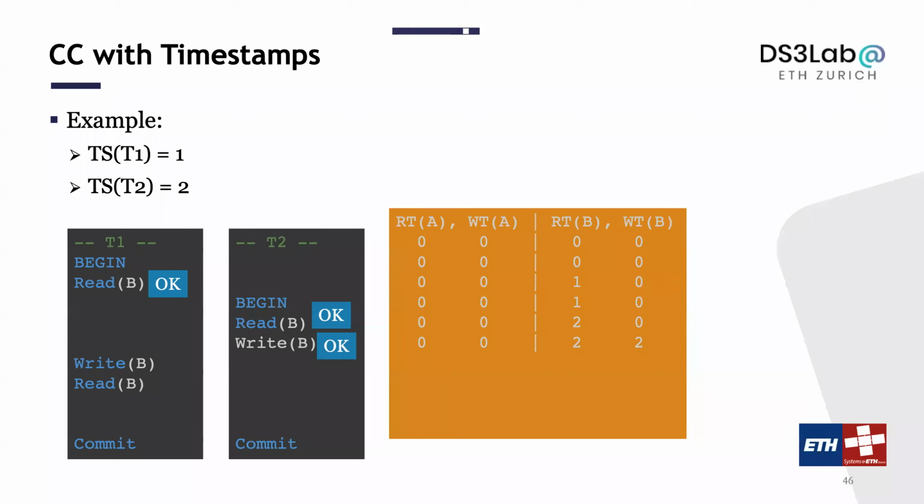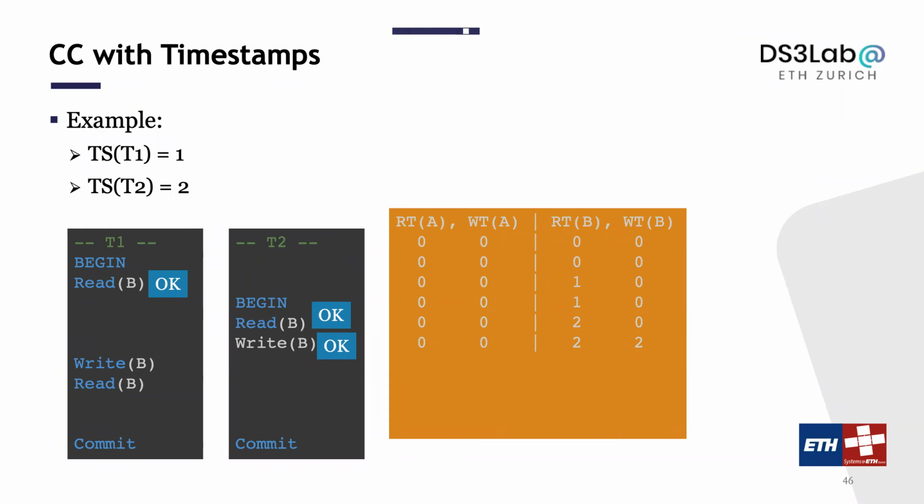Now it becomes interesting when T1 wants to write to B. Do we allow that to happen? In this case, if T1 wants to write to B, I'm going to check the read time and write time of B. In this case, I will say, okay, I'm T1, I have timestamp equal to 1. But there are some transactions with timestamp larger than me that have already read B and also written to B, right?